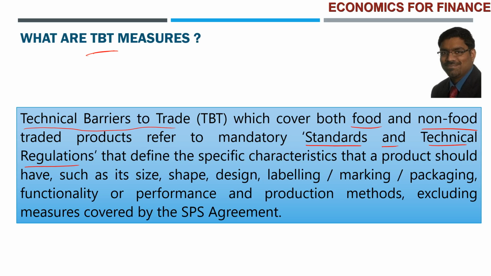Means, if a particular mobile phone is to be imported to India, it cannot have a size more than this. We will specify. Or it cannot have a weight more than this. We will specify. This shape it should be, this design it should be, or it should not be. Labeling should be like this. Marking should be like this. Packing should be like this. Functionality should be like this.